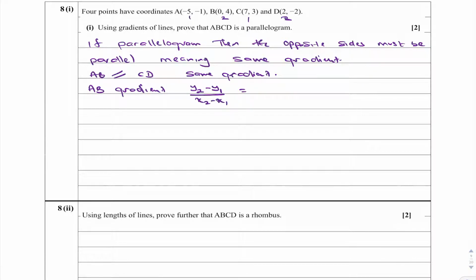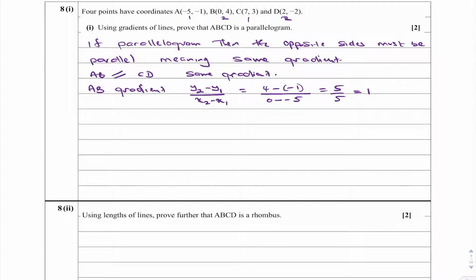And y2 is 4 minus 1, x2 is 0 minus minus 5. That will give 5 over 5, which is 1.